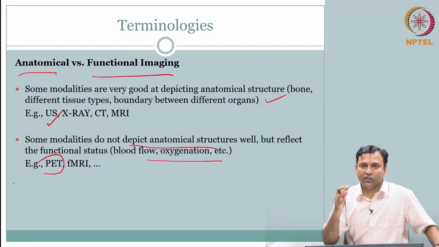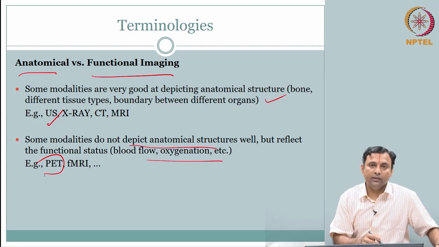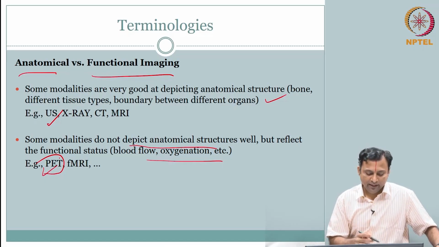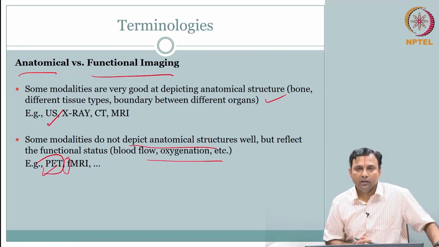So you won't see the structure well defined, but you will see the activity, how much it is consuming. PET is usually very adept at doing that. This is functional MRI. MRI can also be used for functional imaging, called functional MRI.